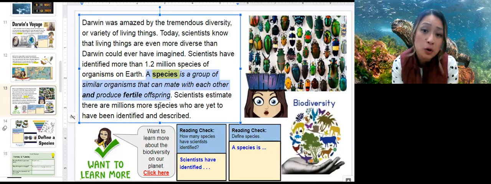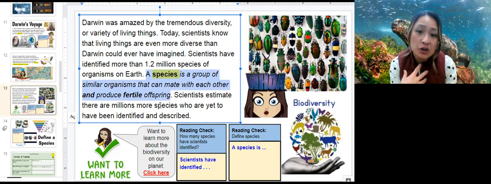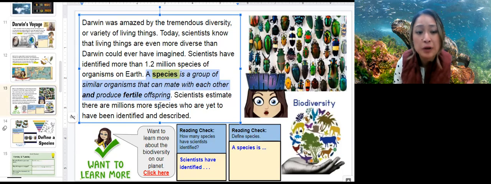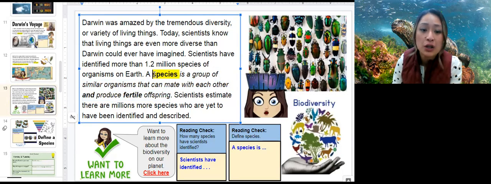For example, a mule is infertile. It cannot produce offspring, right? You get a mule when you mate a donkey and a horse. However, yes, they can mate with each other, but their offspring, the mule, cannot produce offspring. So they're not actually considered their own species.